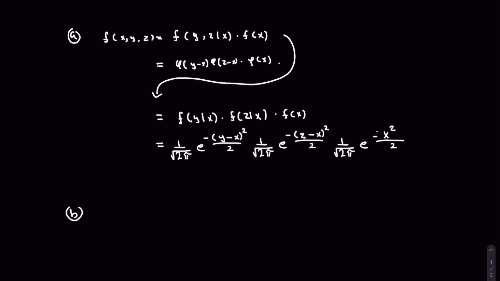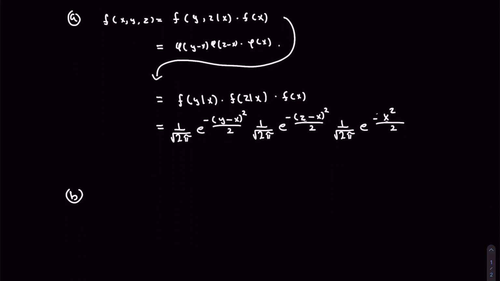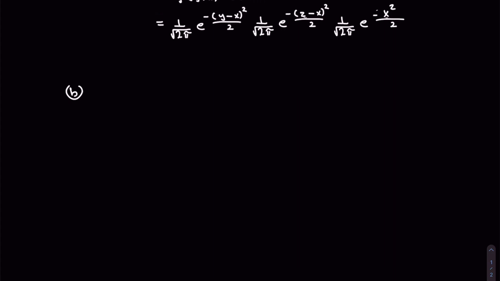Okay, so in the second part of this exercise, y and z are conditionally independent. That's what we used. We're going to discuss now intuitively whether y and z are also unconditionally independent. One way to view this problem is to use a graph, and these are basically inspired by causal graphs.